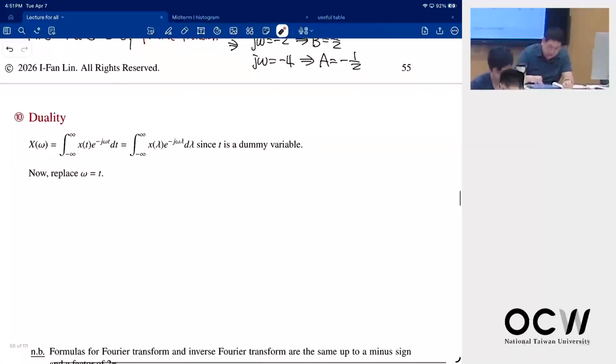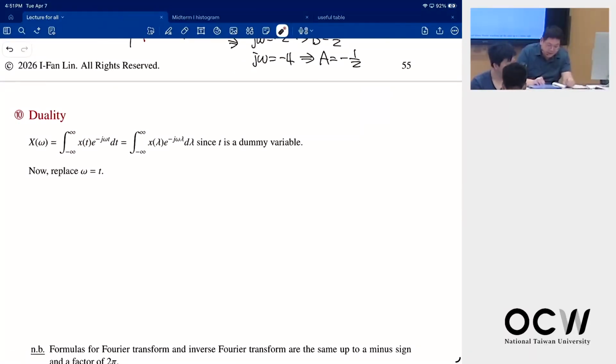Last property, that's called duality. Have you thought about that? If I take the Fourier transform, now I'm in the Fourier domain, right? But in Fourier domain, that's just a symbol. I can also think about this function as in time domain. Then I take the Fourier transform again. Then what happens?